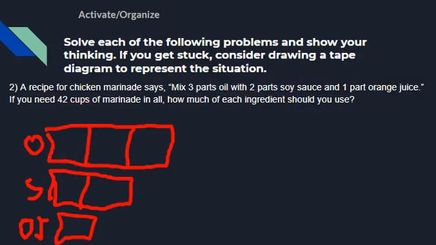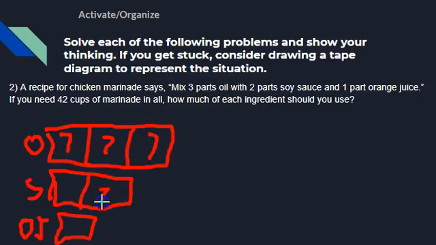Well, that gives me a total of 6, right? So 6 parts together make the total. How much of each ingredient will I need? So I need to take this 42, divide it by the 6, which should give me 7 for each.